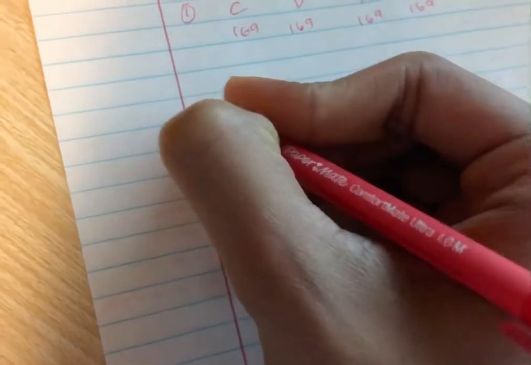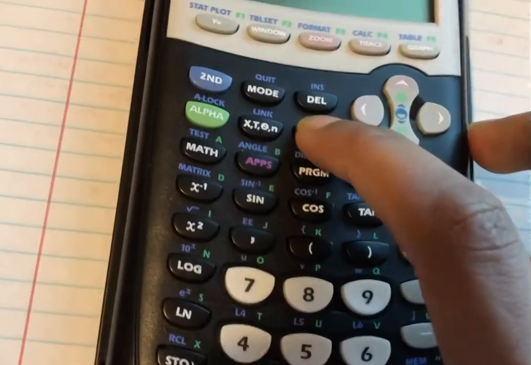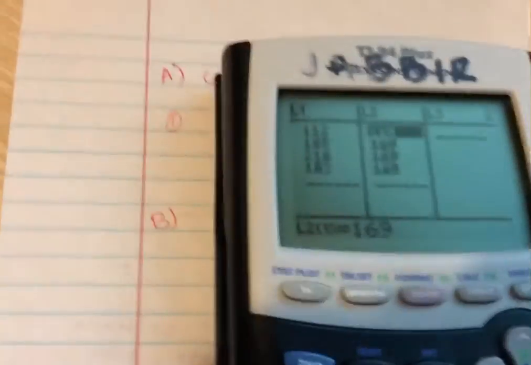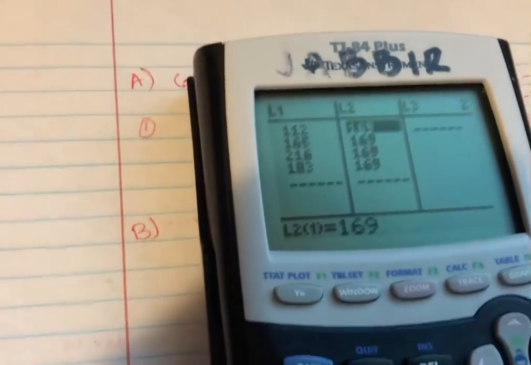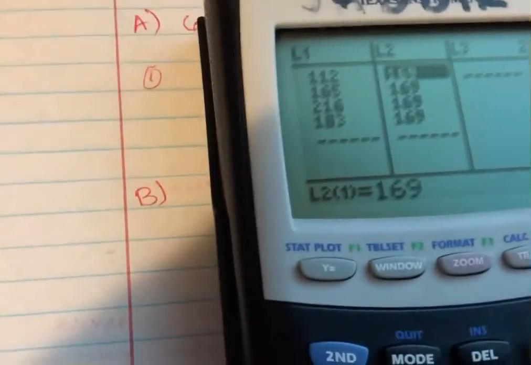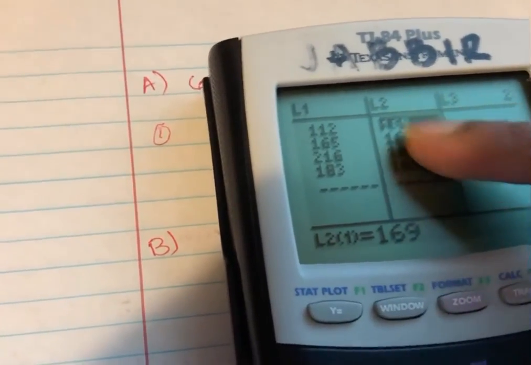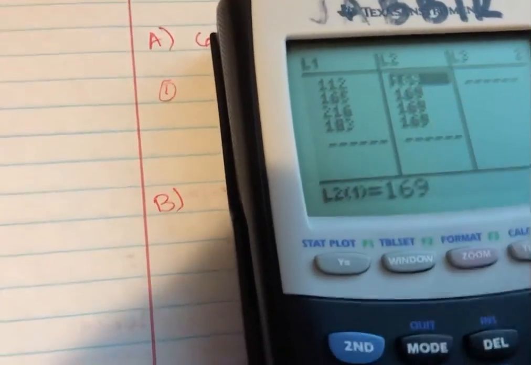And then for B, what you would need to do is grab your calculator, and then you would hit stat, and you go to edit, and then you would type in the observed frequency here, and then the expected frequency, which was 169.